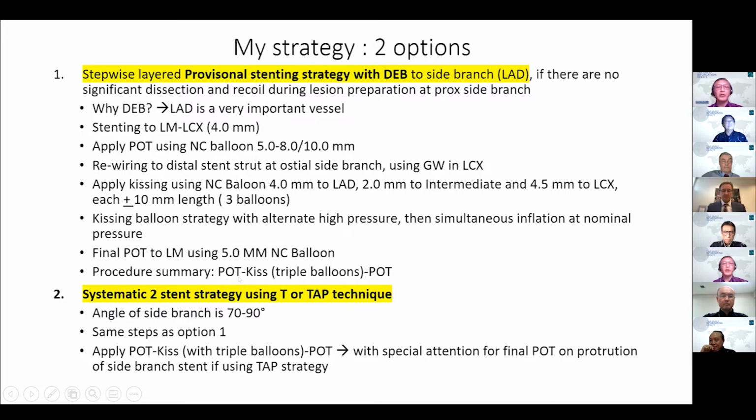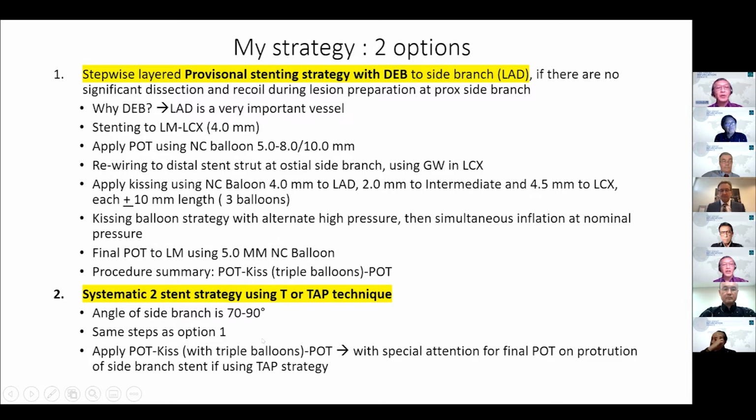So we do a kiss POT with triple balloons. And then if we choose a systematic two-stent strategy, I prefer to use a T or TAP technique, considering the angle is very steep, almost 90 degrees, with the same steps as option 1.